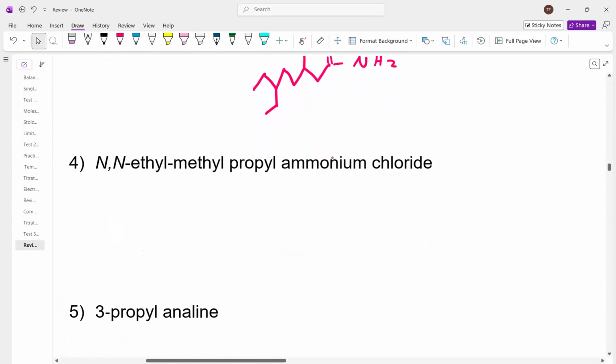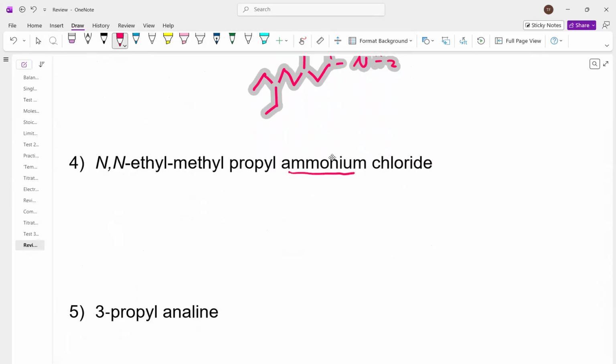Okay, so we've got ammonium chloride. Now, ammonium is a quaternary amine group. That means it has four groups now off that nitrogen. So chloride is -1.